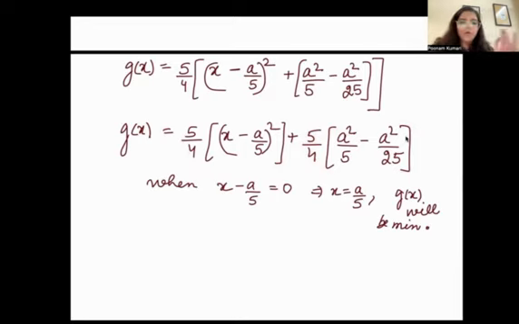Just mention one more point: because this has a positive coefficient, it takes the lowest possible value when this takes value 0. If it would have a negative coefficient, to get the maximum value, this should be a by 5.